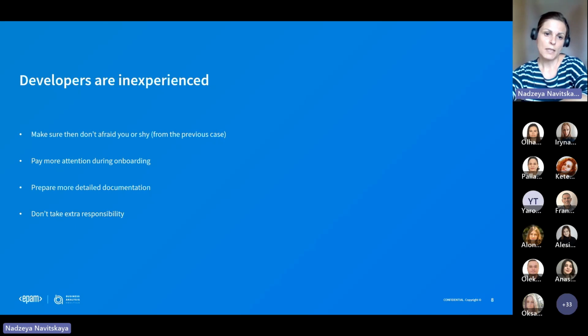You as a business analyst may think that you know everything here and it's so easy, so newcomers will understand as well. But just pay attention to onboarding and explain the requirements, the product, the application, even if developers are not newcomers but you see that they don't understand. So just organize some onboarding sessions and do your best.